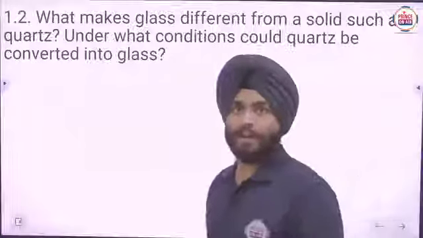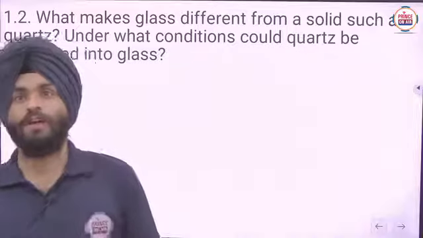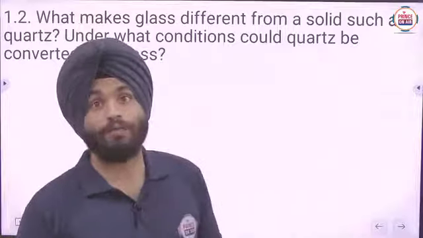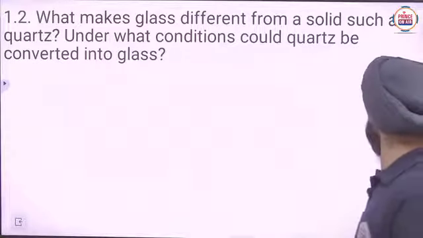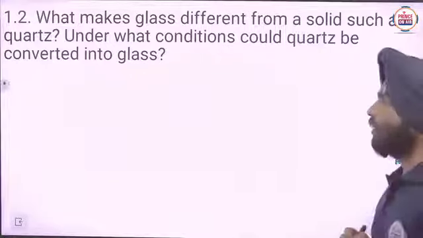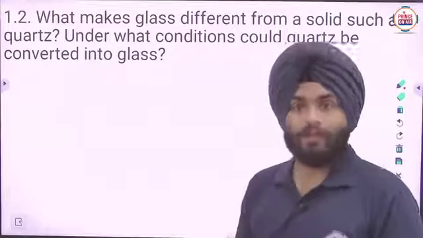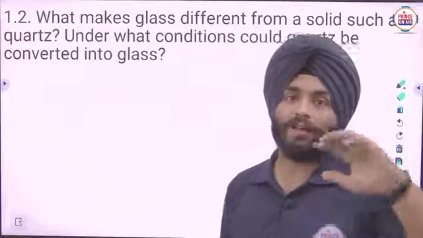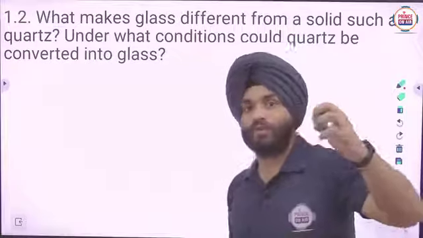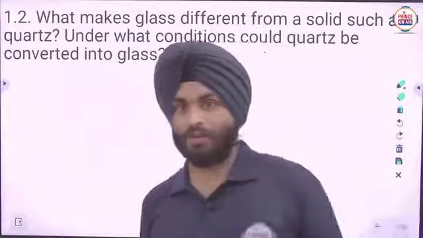Which makes glass different from a solid such as quartz? Under what condition could quartz be converted into glass? So it is a simple question. Some questions I will answer, and some we have already discussed, for which I recommend you watch that lecture.